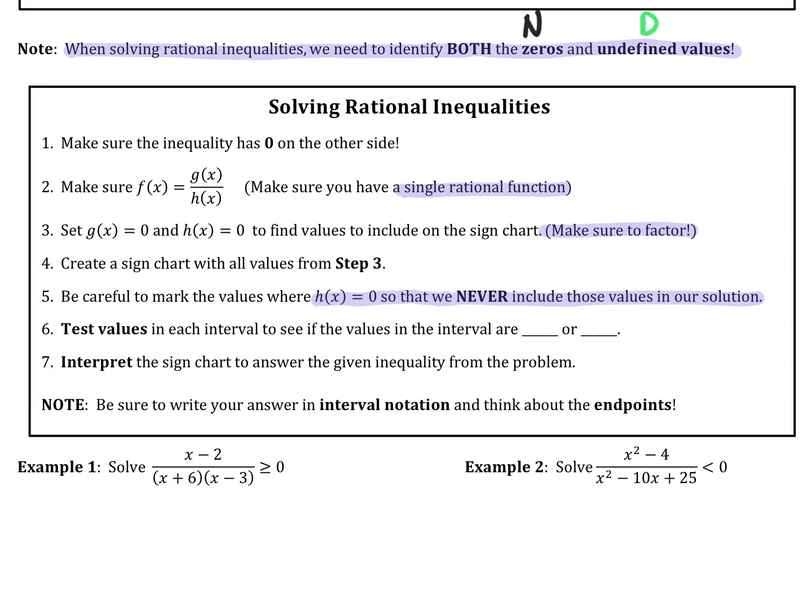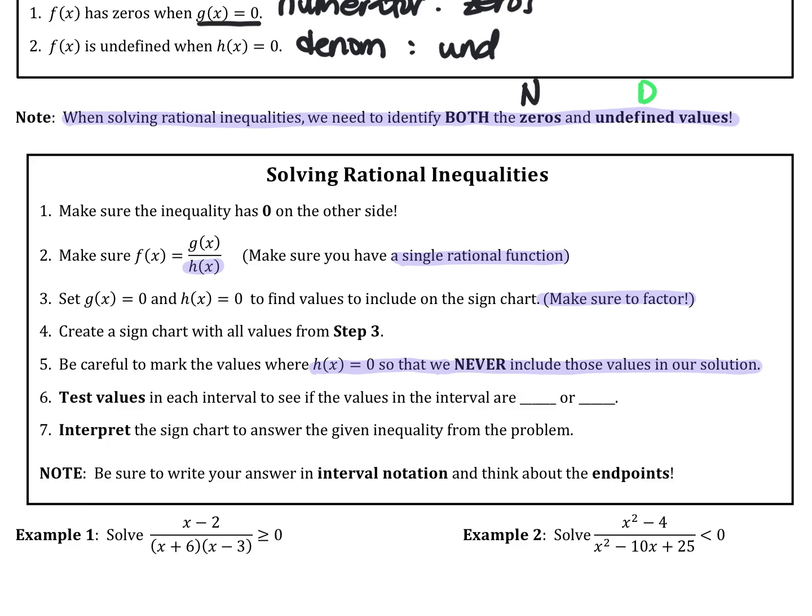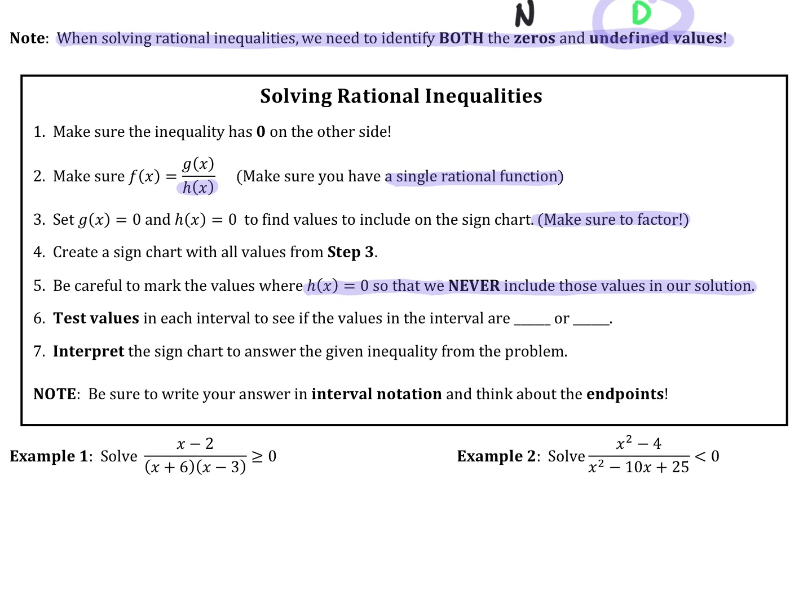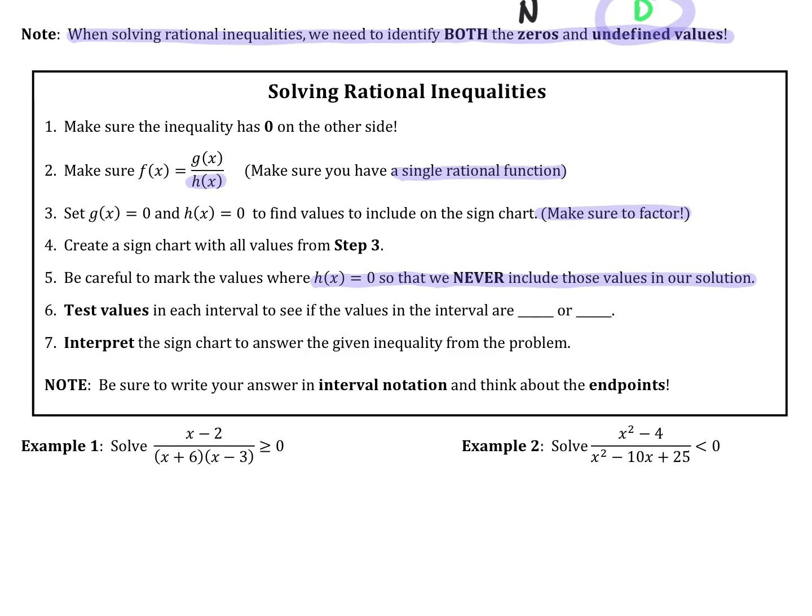Remember that h of x is your denominator, and the undefined values are found in your denominator. Then test each interval to see if the values in the interval are negative or positive. Interpret the sign chart to answer the given inequality problem.